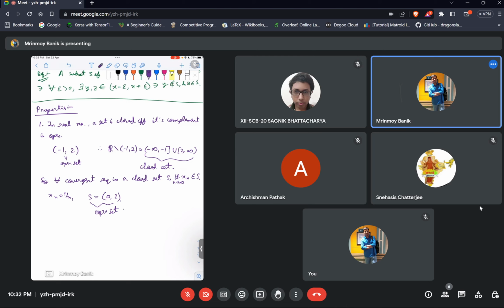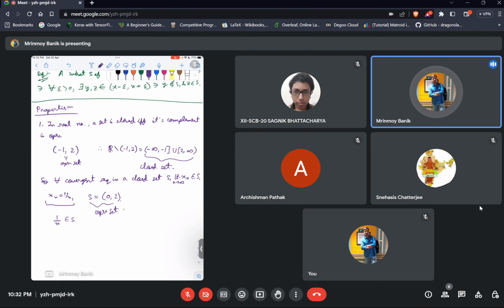All the elements of the sequence 1 by n are inside this set. No matter how large n is, 1 by n is always inside the open interval 0 to 1.